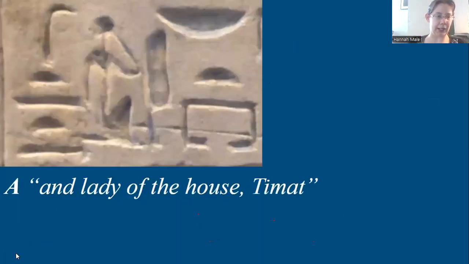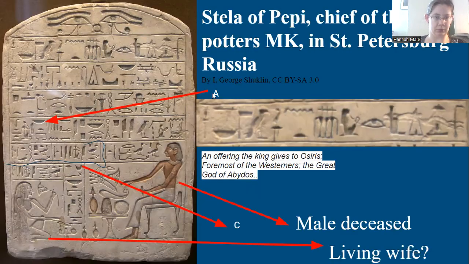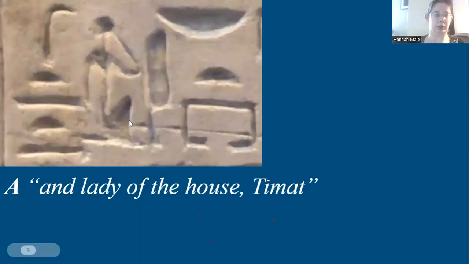So this is the zoomed in part here. So another woman that's somehow connected with this household. So that's that lady or mistress of the house, Thaimat.